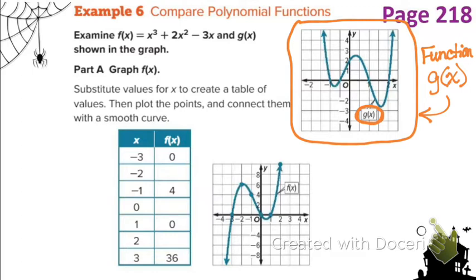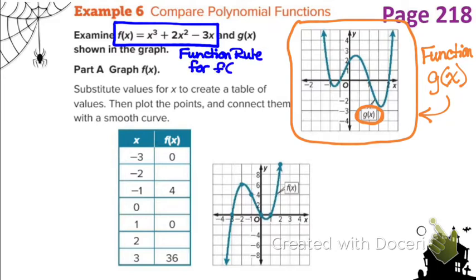F of x equals x to the third plus 2x squared minus 3x. This is the function rule for f of x. They gave me an equation for this, but for g of x, they only gave me a graph.